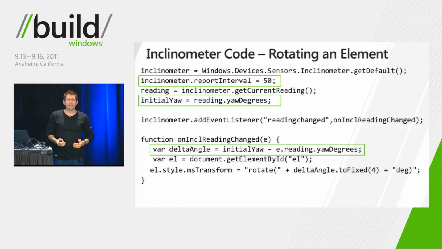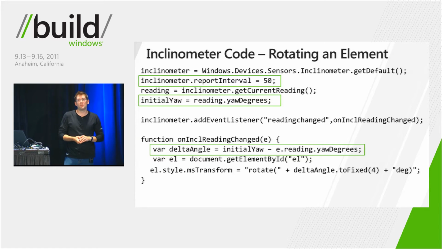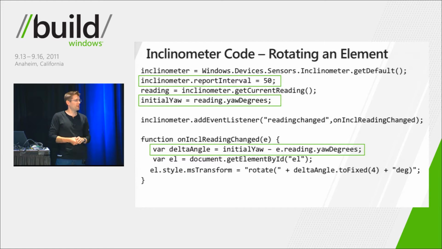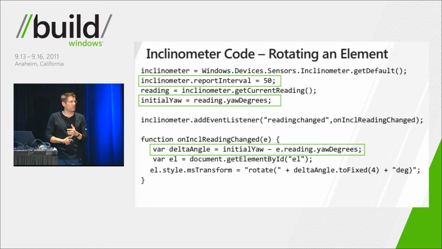So I want to step back to our more simple example with the Metro steering wheel and go into a little bit more detail. Mike in the keynote flashed up the 3 lines of code. I wanted to talk to that a little bit more here. So in this particular sample, we are using the inclinometer. We call the default method to get the inclinometer object. We start off also by getting a current reading.